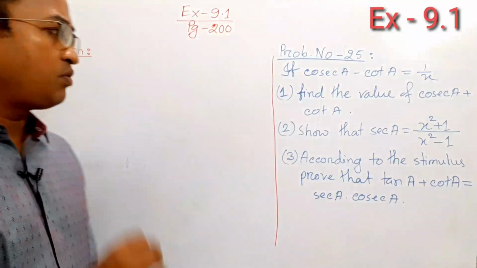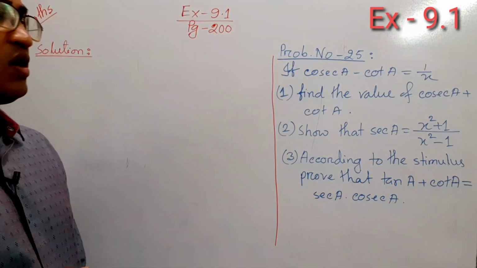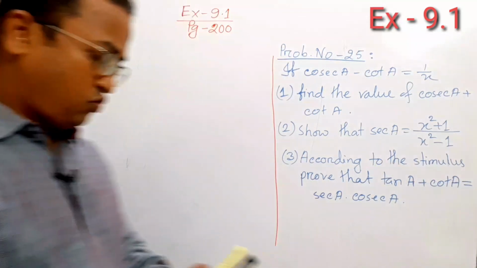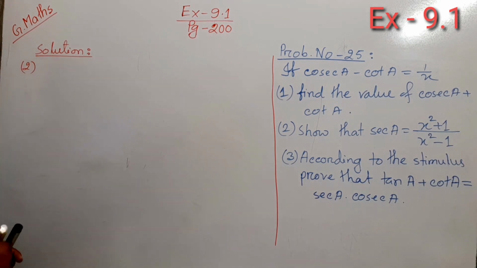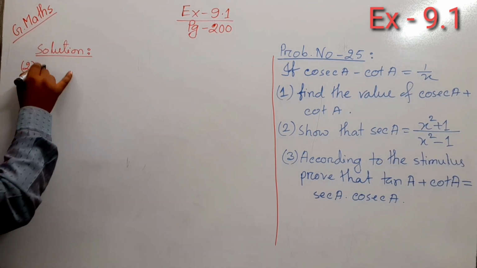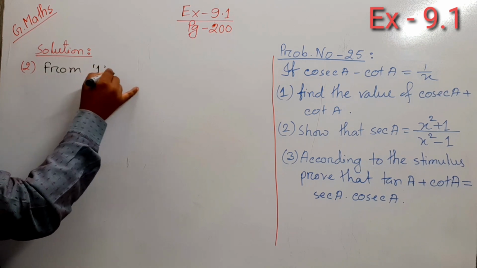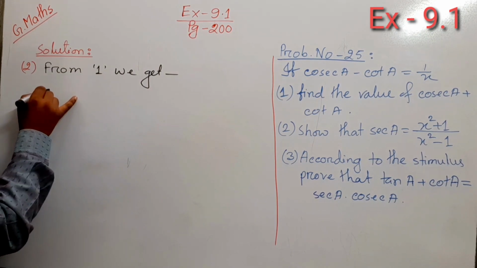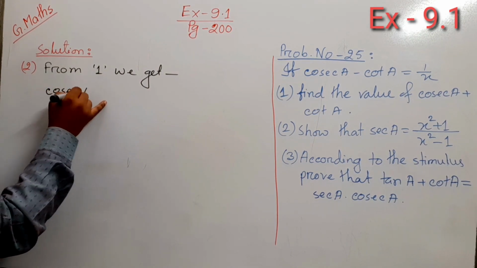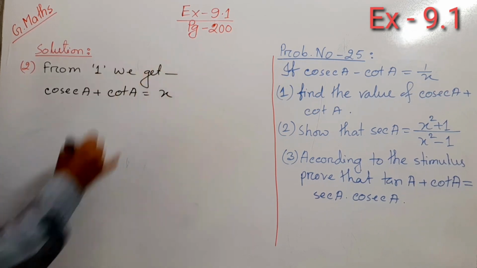Now question number 2. Show that cosec A equals x square plus 1 by x square minus 1. From 1 we get cosec A plus cot A equals x.